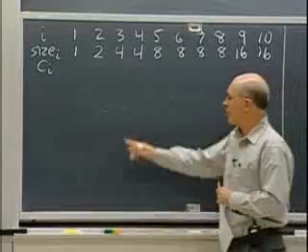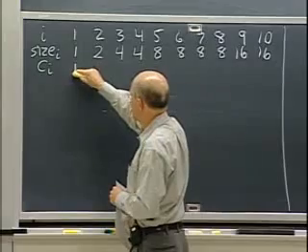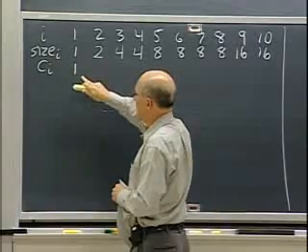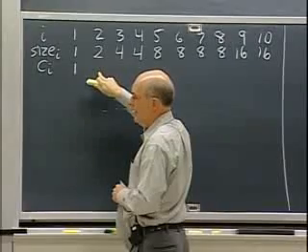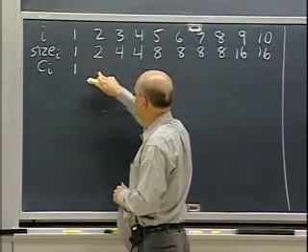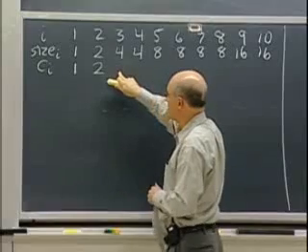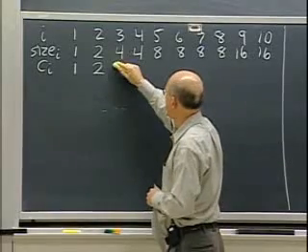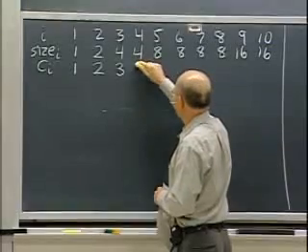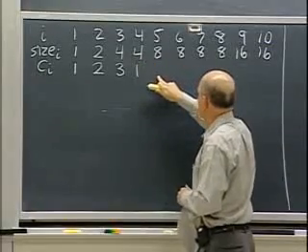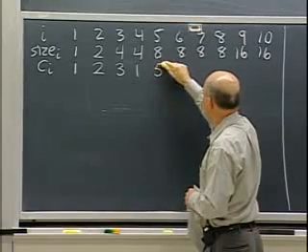And let's take a look at what the cost was. So the cost here was 1, okay, to insert 1. The cost here was I had to copy 1 and then insert 1, so the cost was 2. Here I had to copy 2 and insert 1, so the cost was 3. Here I had to just insert 1, so the cost was 1. Here I had to copy 4 and insert 1, so the cost was 5.